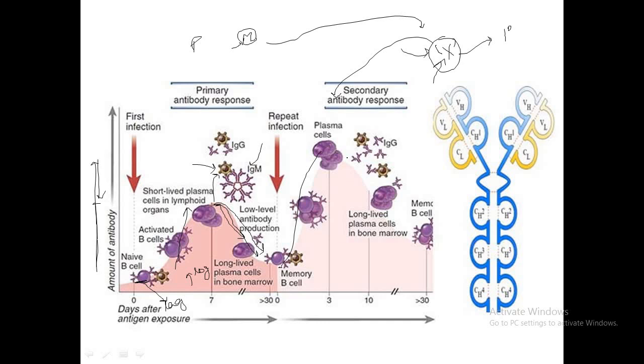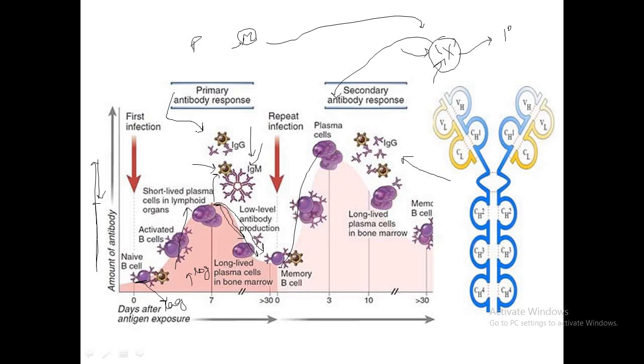But unlike the primary antibody response, where IgM was majorly produced, in the secondary immune response, IgG is produced in large amounts. Okay, so IgG is the major antibody produced during the secondary antibody response, and IgM is the major antibody produced during the primary antibody response.